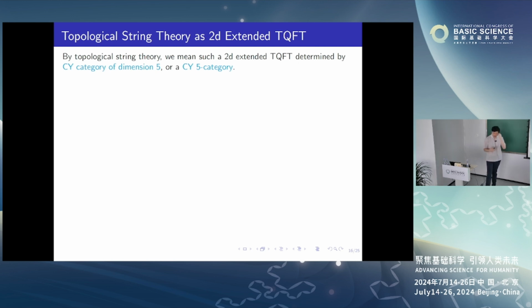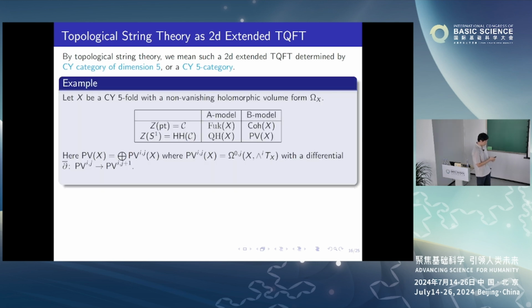There is a notion of dimension, and I'm going to explain this in examples. So the example of a Calabi-Yau 3 category is this: consider some Calabi-Yau 3-fold X, of the type you would consider in the context of mirror symmetry, like the Fukaya category of X, or the derived category of coherent sheaves on X.